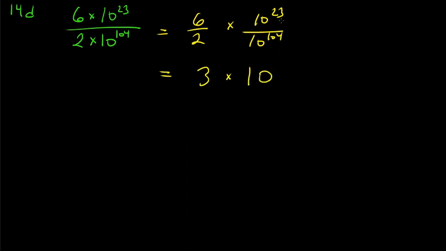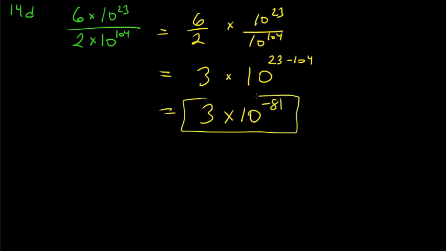And this is going to be, well, subtract the exponents, right? 23 minus 104 is negative 81. So 3 times 10 to the negative 81, and that is in scientific notation.